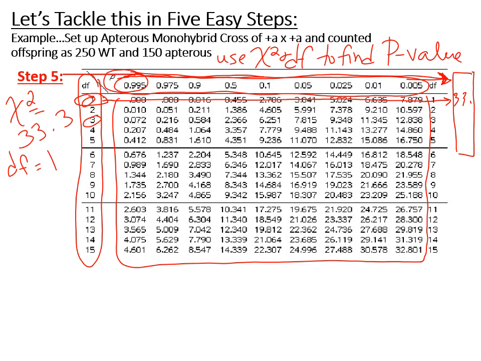Our p-value for this example would be less than that last number, which is 0.005, the last p-value that I'm circling here. Our number would be to the right of that, which means less than 0.005.